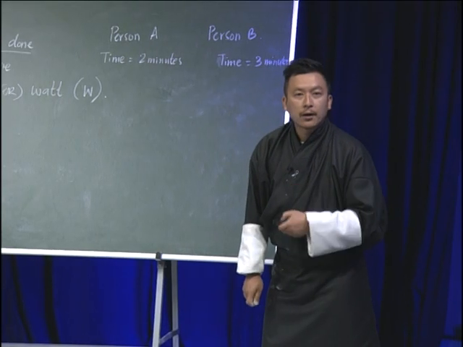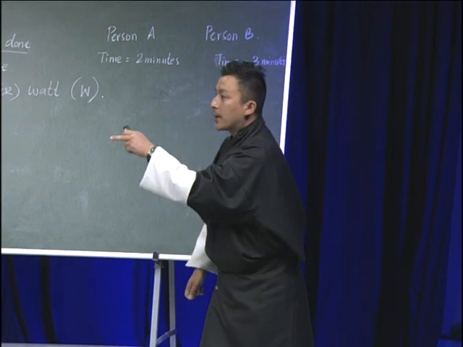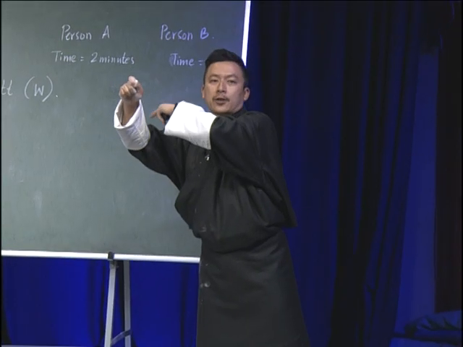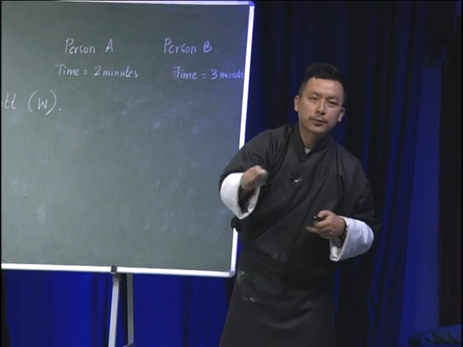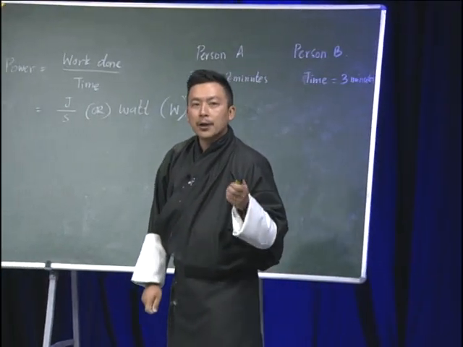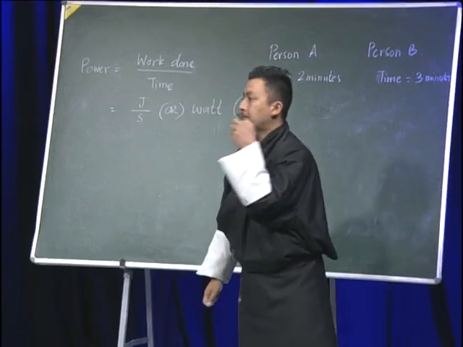That is why we say potential energy is the stored energy, or potential energy is due to position, height. When it is raised to a height, it has some stored energy in it, which will be able to do some work. That is why potential energy is the energy due to position.